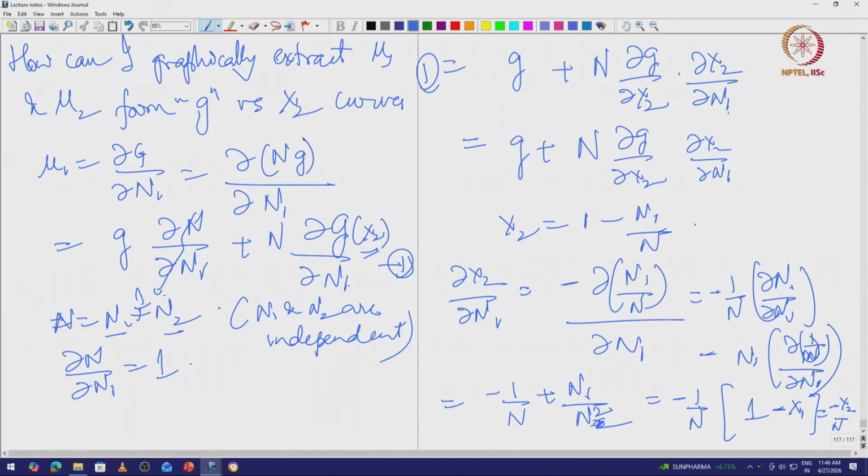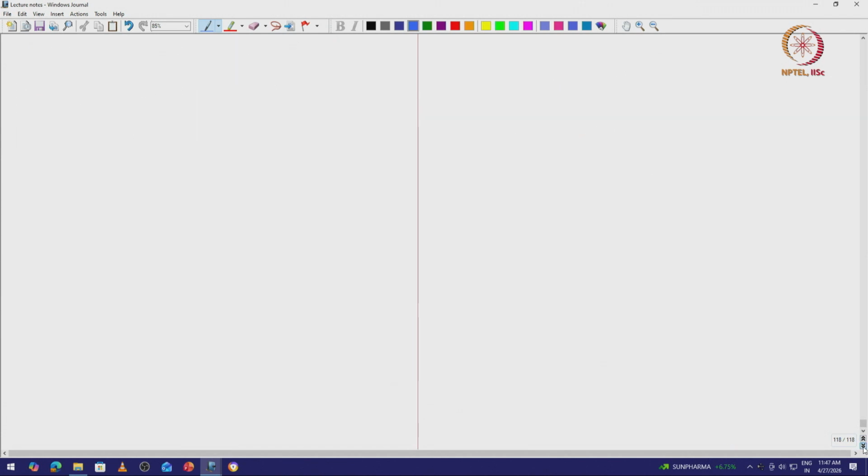So if I am looking at n times dou x2 by dou n1, this is the clean way of solving this. This is equal to minus x2. So, let us go back and rewrite this.